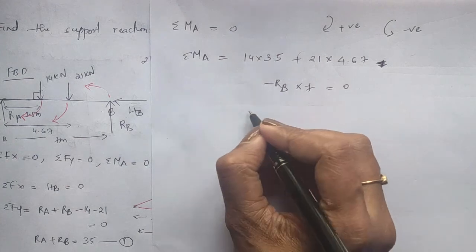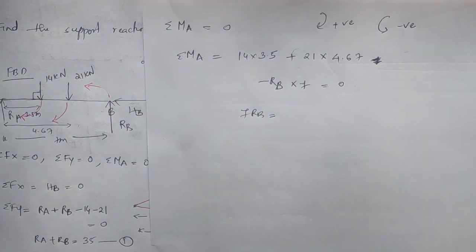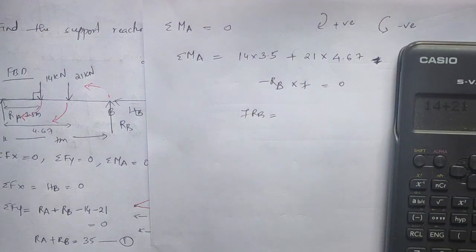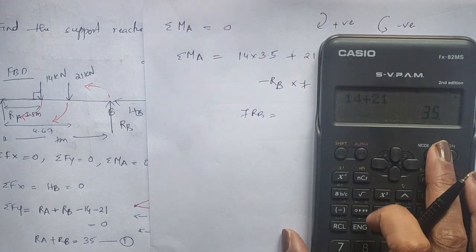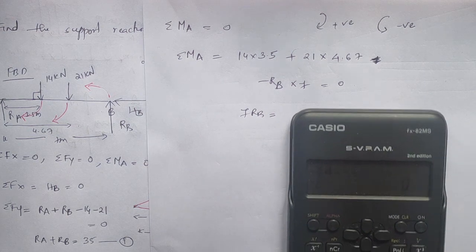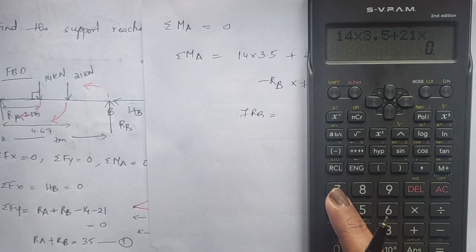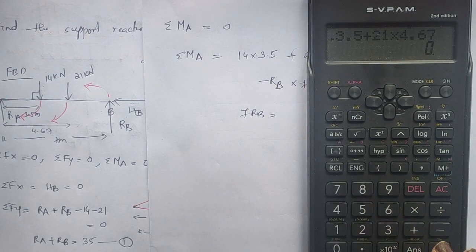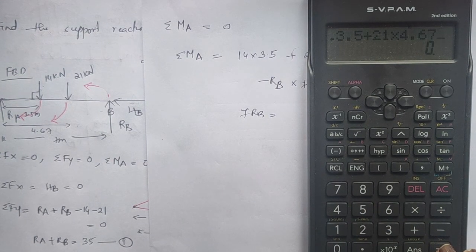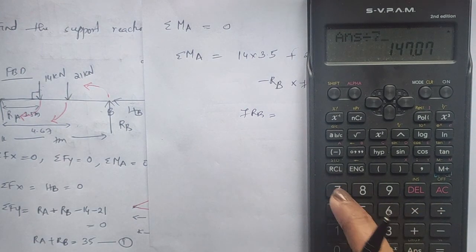So the next step is you get 7 RB is equal to, the remaining you need to calculate there, that is 14 into 3.5 plus 21 into 4.67. That is 147.07 divided by 7.